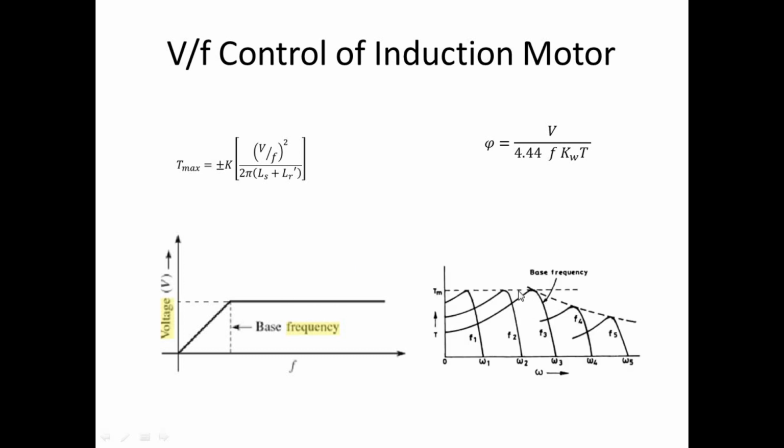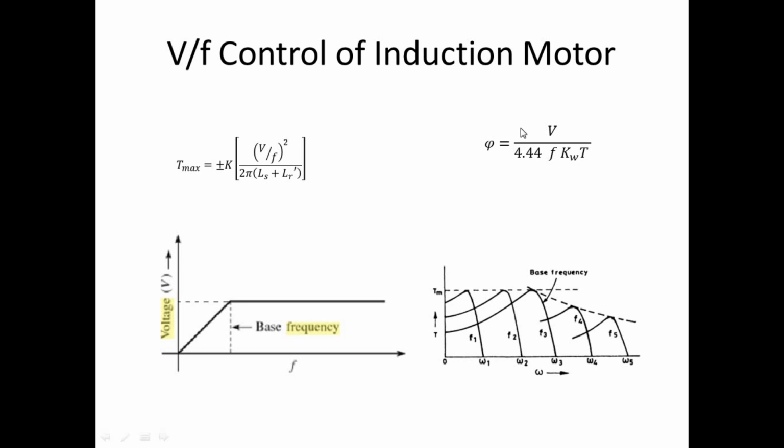Up to base frequency, T max will be constant. Beyond that, frequency is increased in order to increase the speed. But since V is not increasing, from this equation T max will be decreasing. So up to this point we will obtain a constant maximum torque and constant flux also.